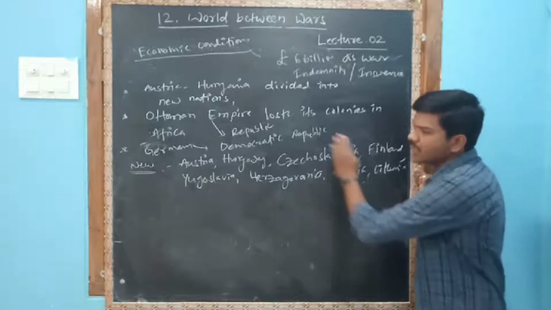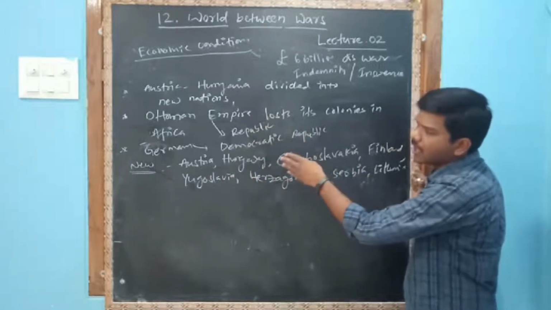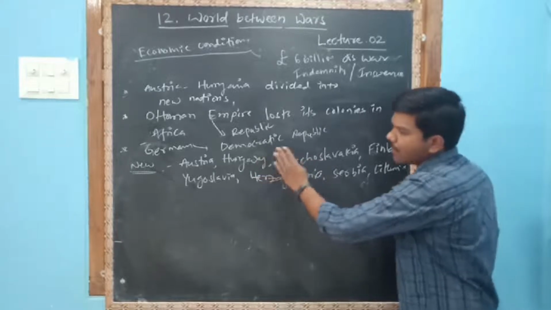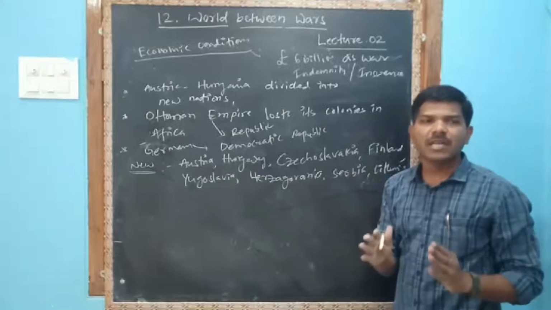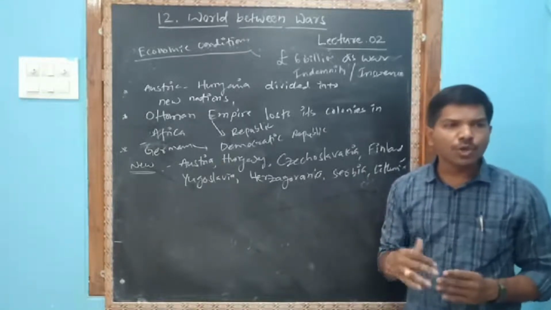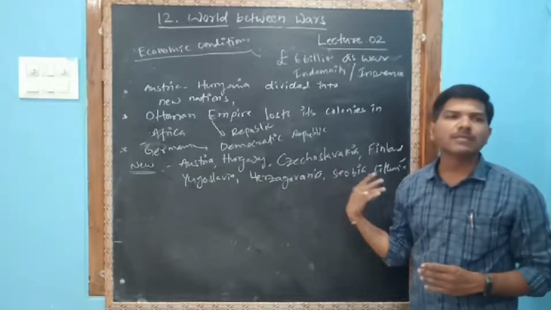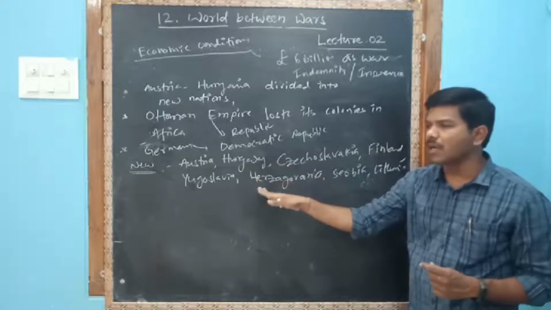Once upon a time, these countries were under the control of Austria, Hungary, Turkey and Germany. But now all these countries became independent nations. Separate nations were formed. So we understand that most of the new countries were formed. These are the examples of the new countries.